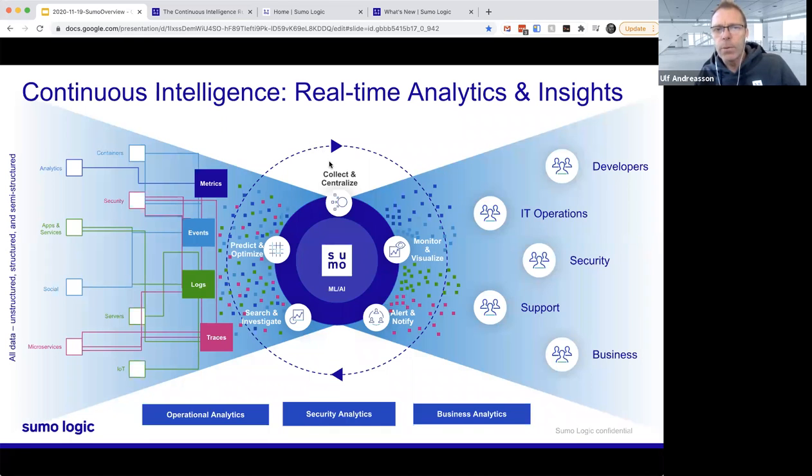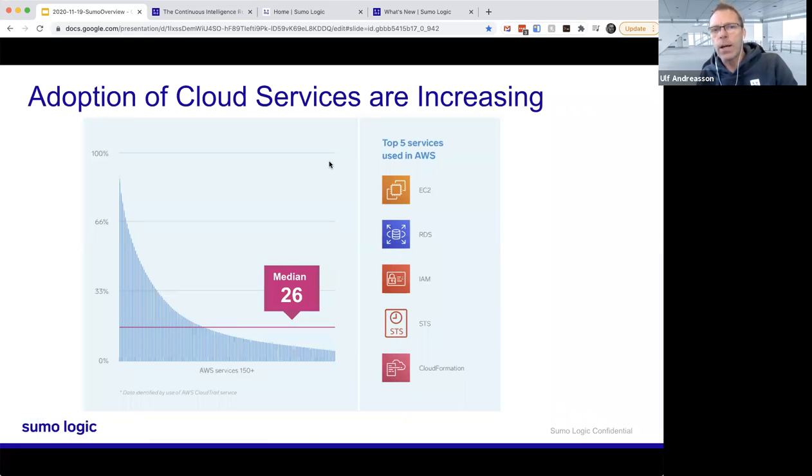One of the things we see is that the adoption of cloud services is increasing. In this slide, we talk about AWS services. As we all know, AWS has a lot of different cloud and data services. The most simplistic one is probably EC2, where you get your virtual machines, but there's anything from database services to all the supporting services around what's being used.